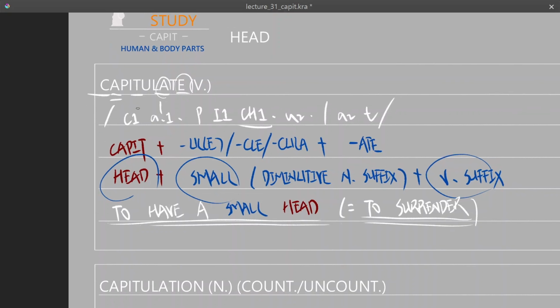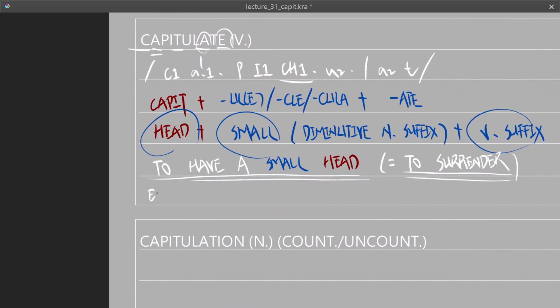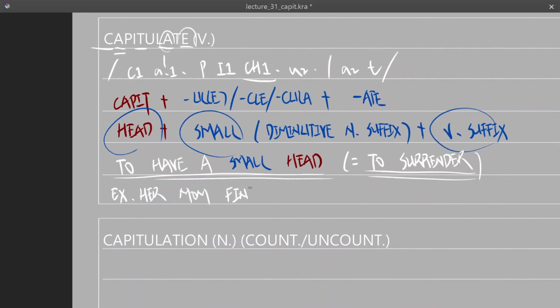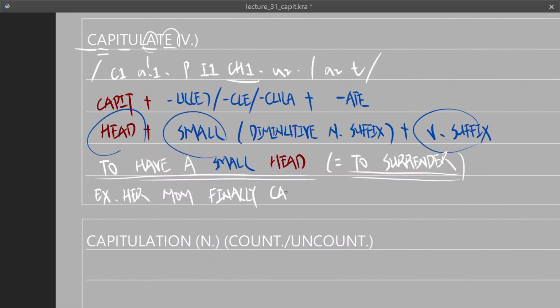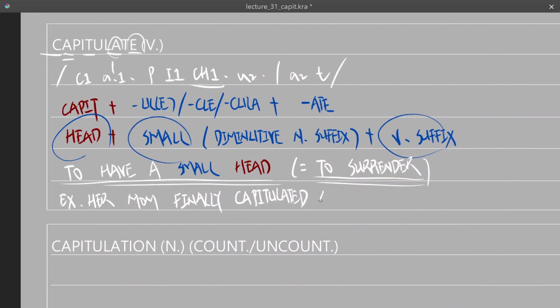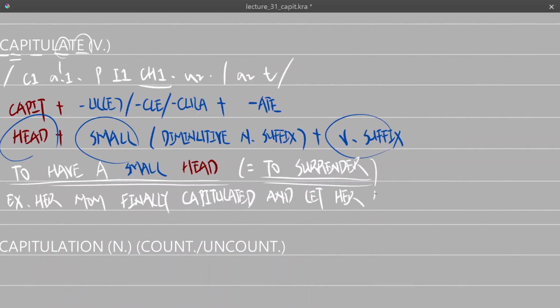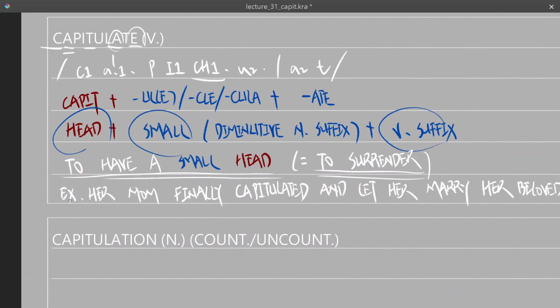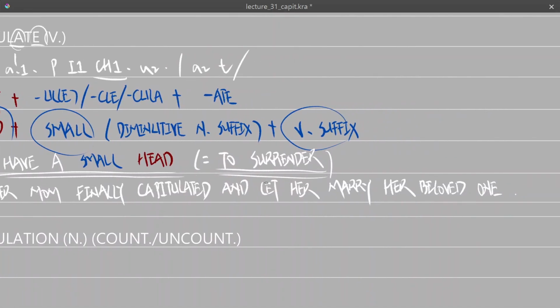Alright, so capitulate. For example, we could say her mom finally capitulated and let her marry her beloved one.